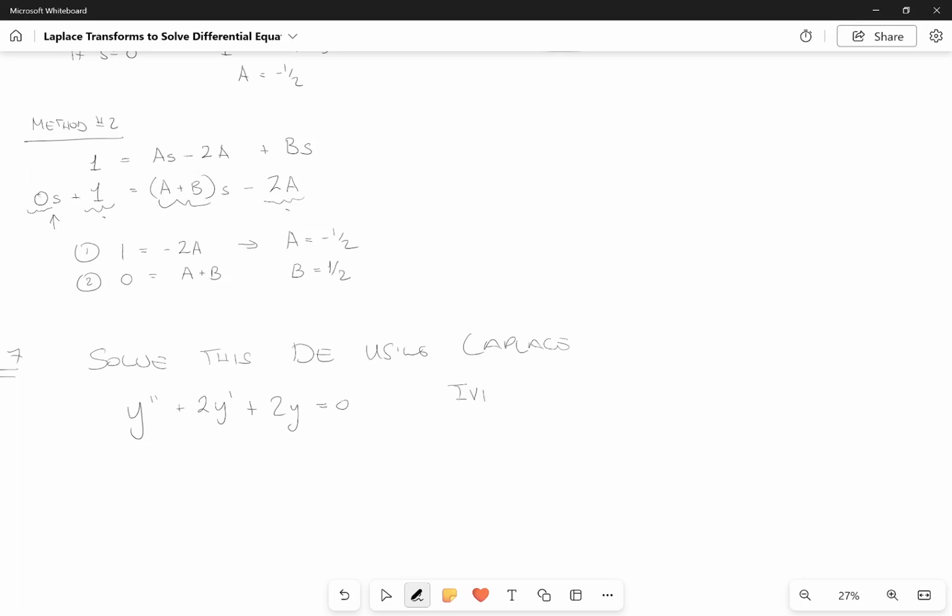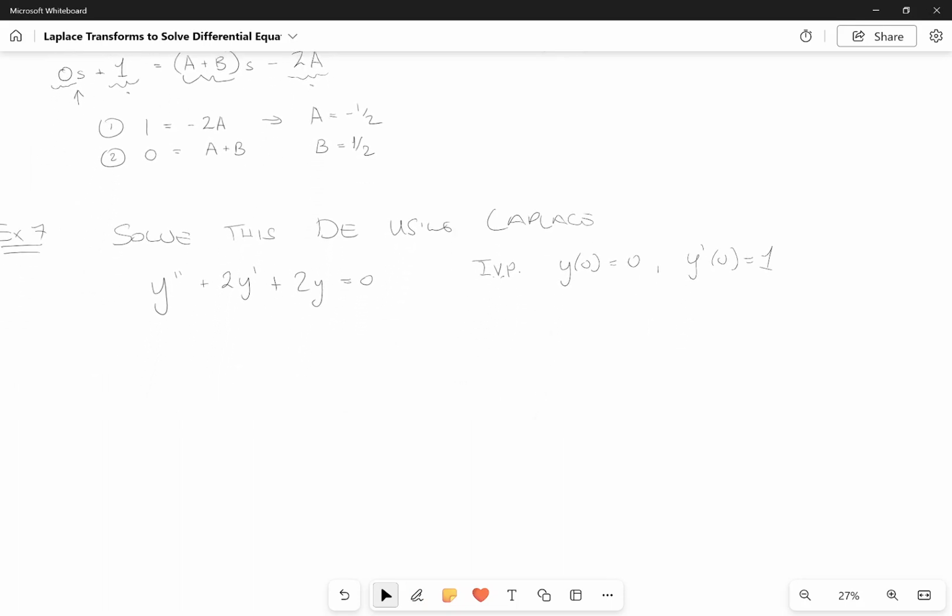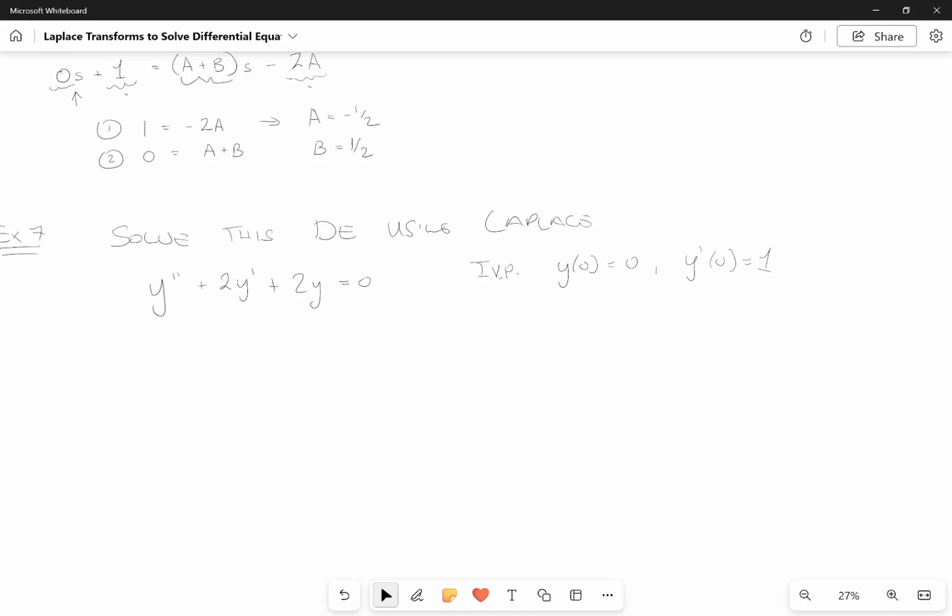Let me zoom in a little bit. And the initial values that we have are that y at 0 equals 0 and y prime at 0 equals 1.